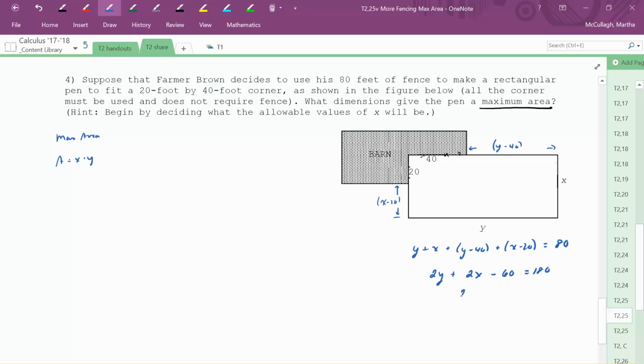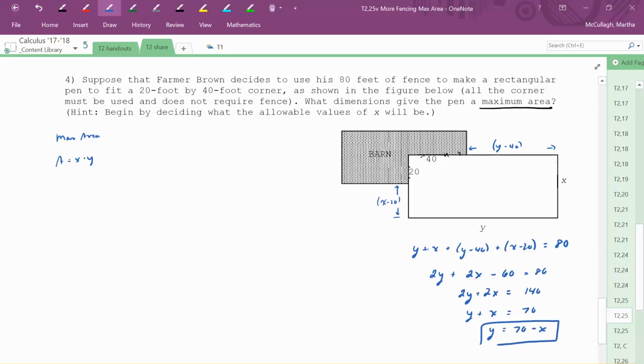Add the 60 to each side, and we have 140, or y plus x equals 70. And we can see over here that we are going to need to do a substitution, so we'll say that y equals 70 minus x.